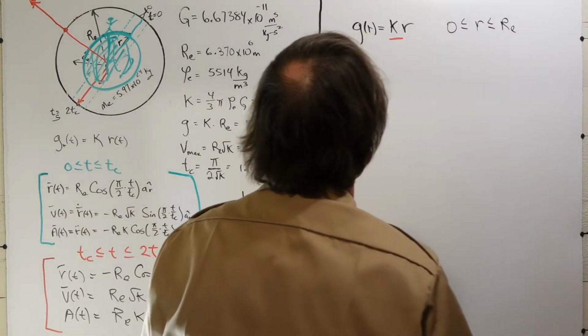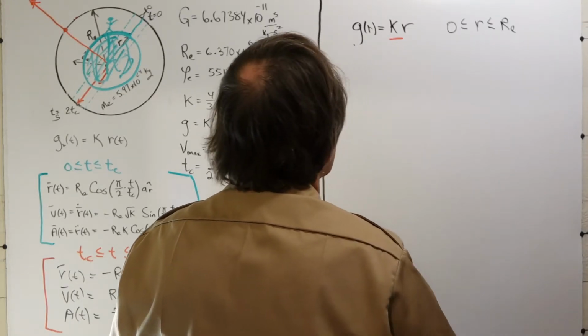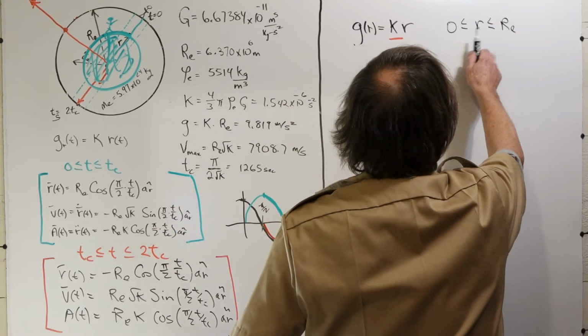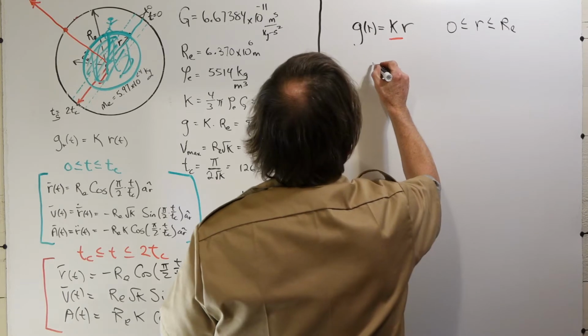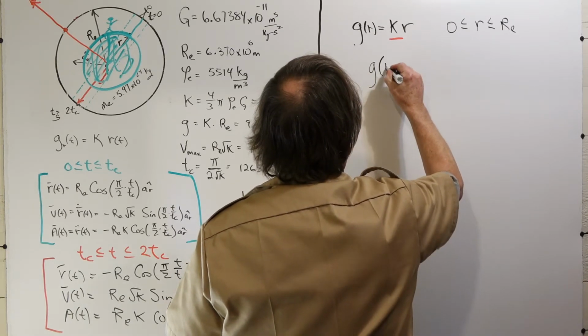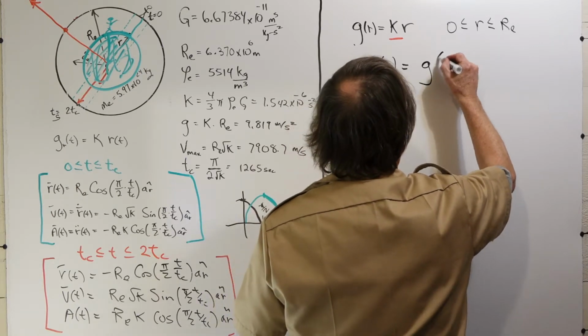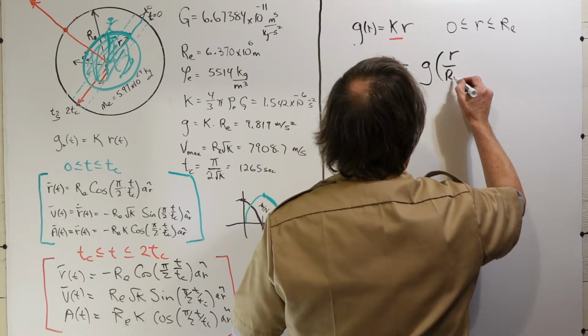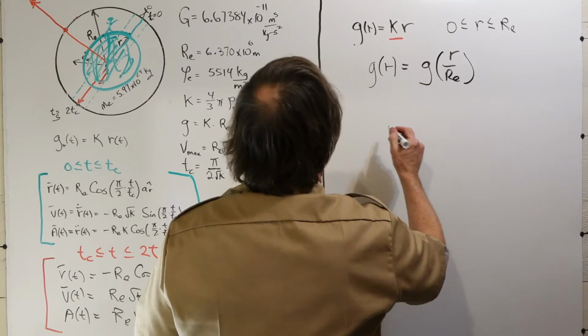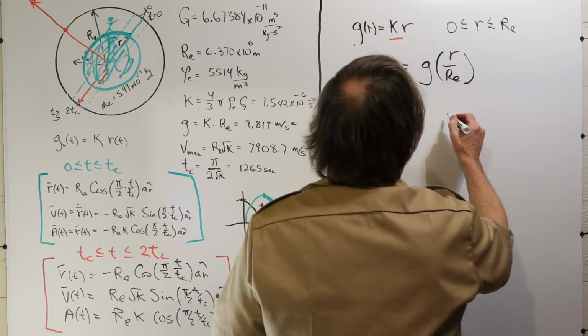So between 0 radius at the center to the surface, g of r is equal to the surface gravity times r over R_E.